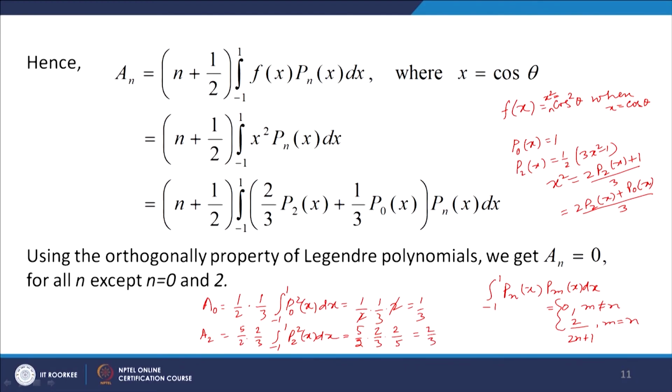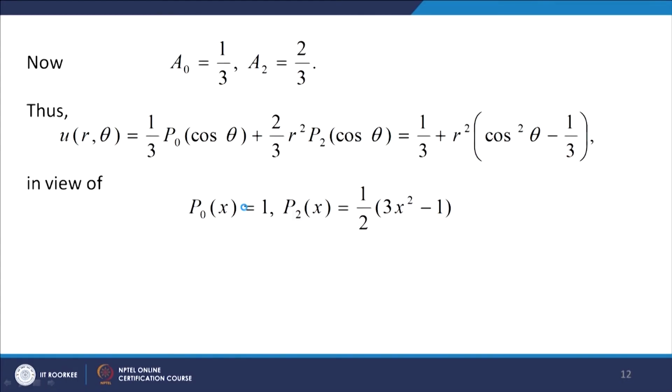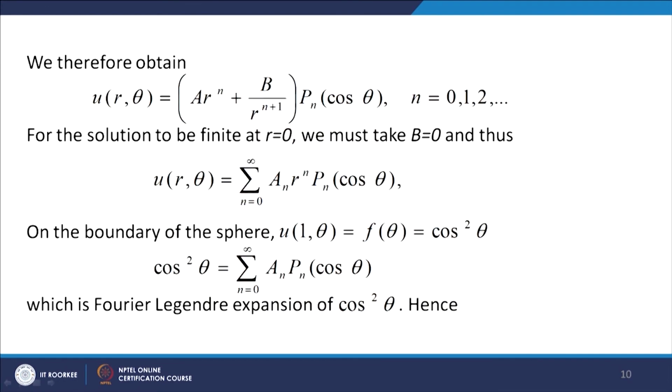So, we know the values of A naught and A2, and so we can write the expression for u(r, theta). We have A naught equal to 1 by 3, A2 equal to 2 by 3. u(r, theta) will then be A naught into r to the power 0.